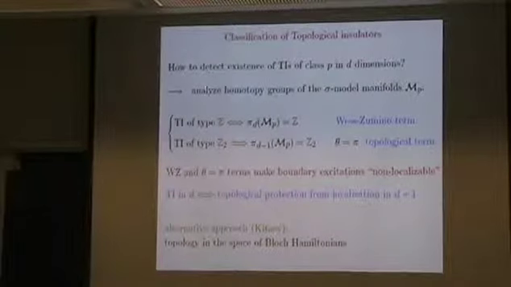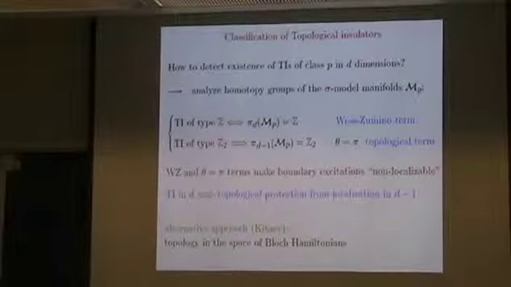So basically, to detect the existence of a topological insulator of a certain symmetry class and dimensionality, one should analyze the homotopy group of the sigma model manifold, which will tell you whether there may be a topological term that would protect the system from localization. As we have seen, these are the topological terms that protect from localization. A topological insulator of type Z means that the homotopy group pi_d of this manifold is Z, and then the term that would protect is the Wess-Zumino term.